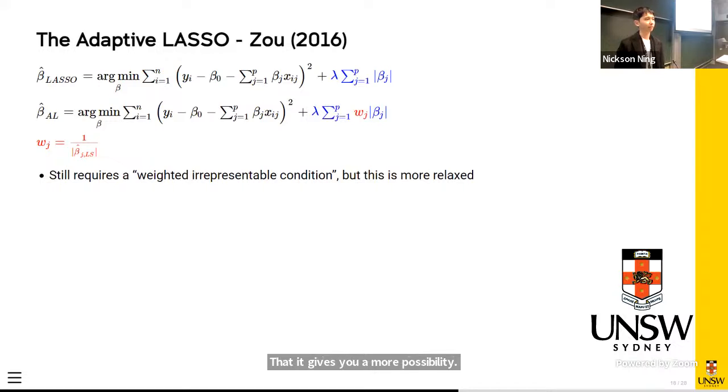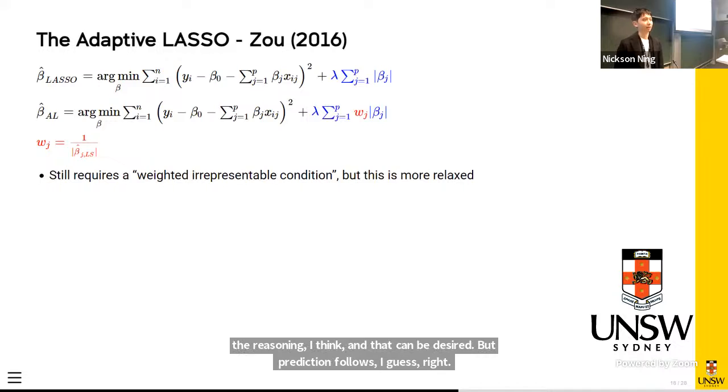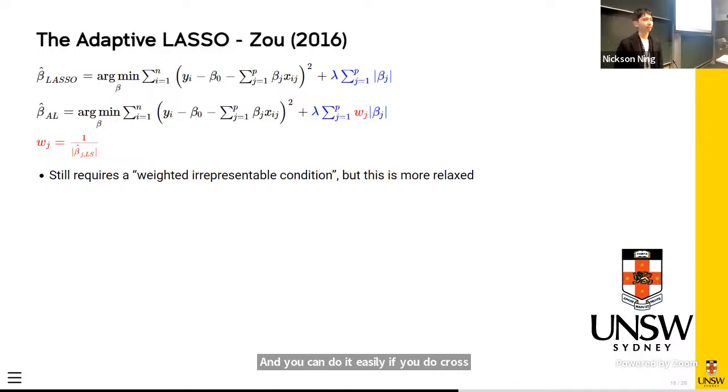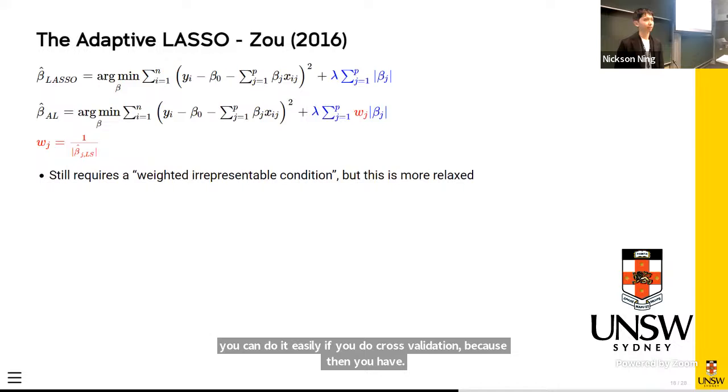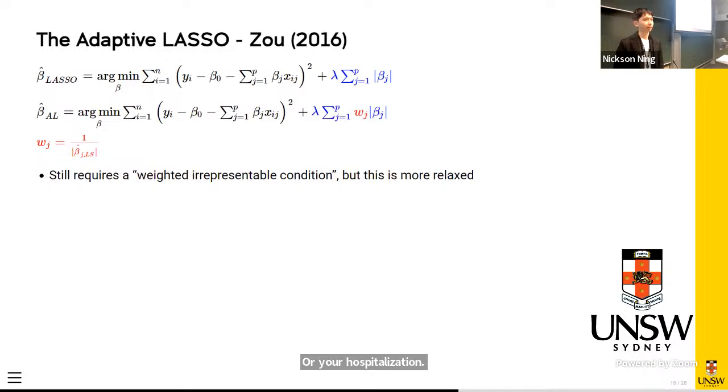It gives you the most parsimonious model that is still consistent with the minimal lambda you obtain from cross-validation. That can be desirable for prediction models, I guess. And you can do it easily if you do cross-validation, because then you have all your cross-validation folds to get the standard error. I don't know how you would do it with BIC.